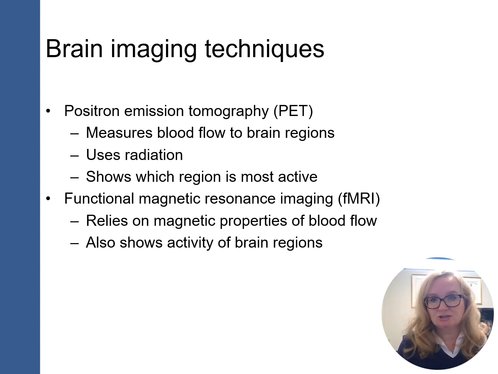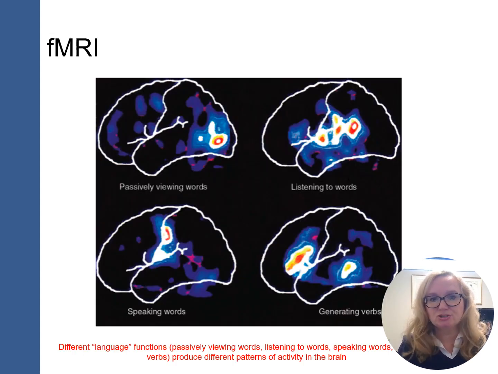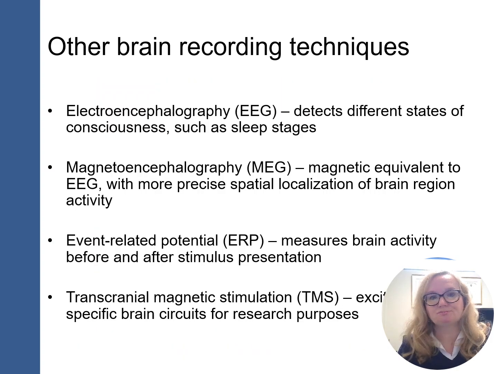That allows us to know what areas are being used in a particular cognitive task. Here's a picture of an example of different language functions. When you passively view words versus listen to words versus speak words, different areas of the brain are being recruited, and you can see those different brain activity patterns.